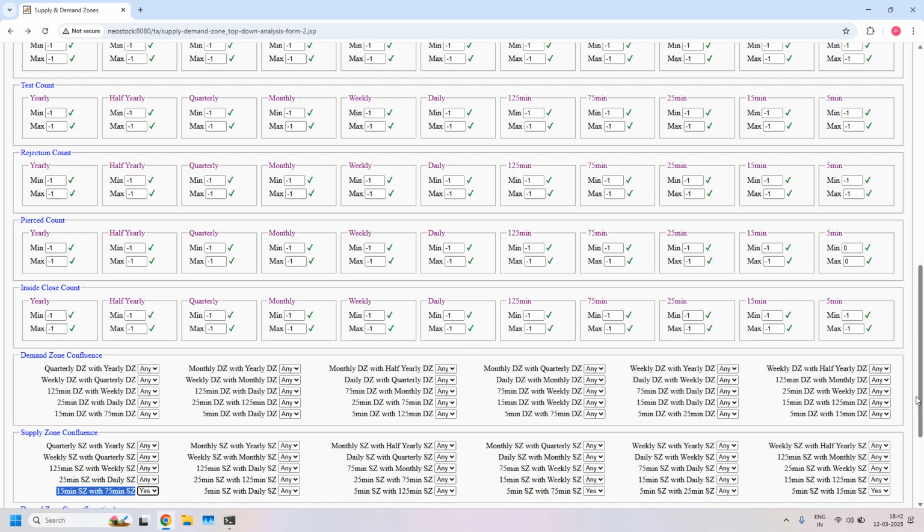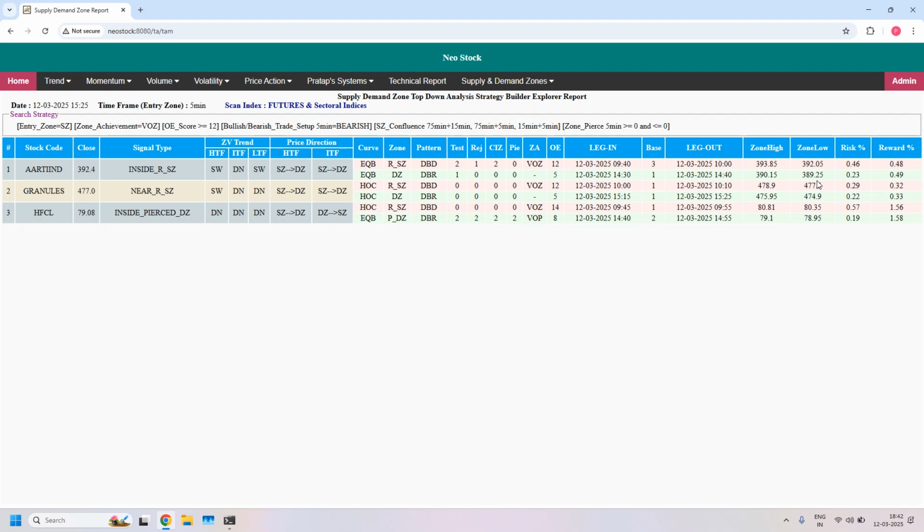With all the 3 filters, we got 3 stocks. That means in these 3 stocks, these 5-minute supply zones are overlapped with the 15-minute supply zone. Both together again overlapped with the 75 minutes supply zone.